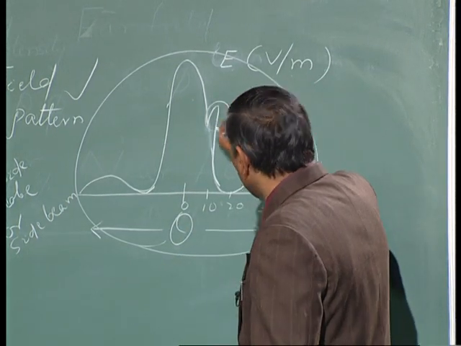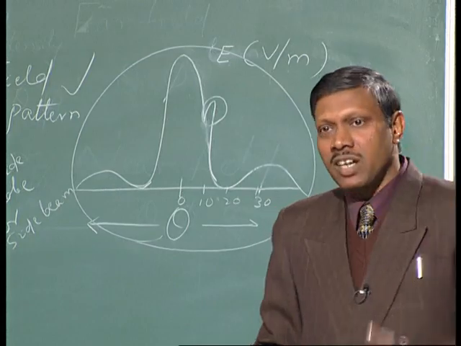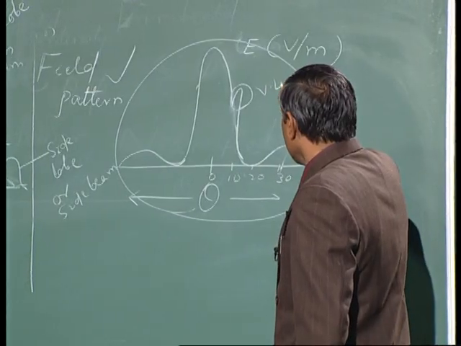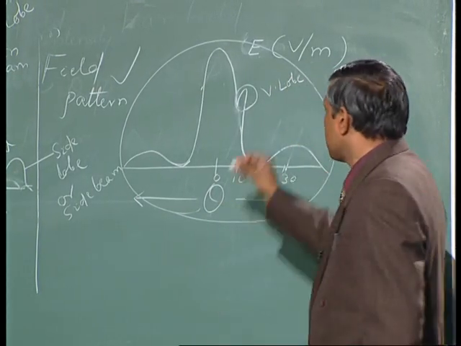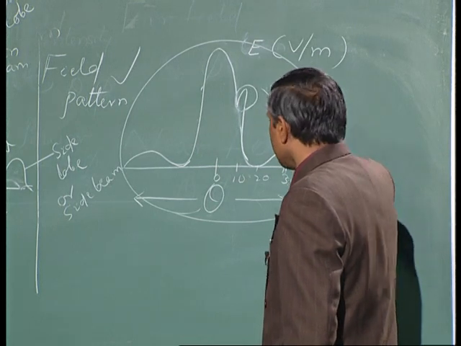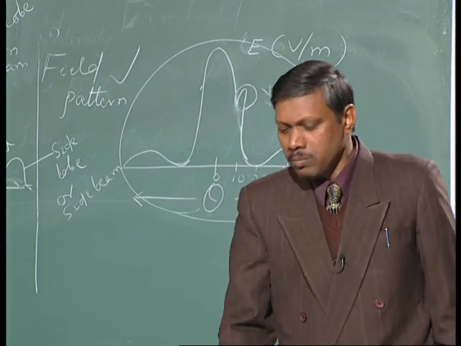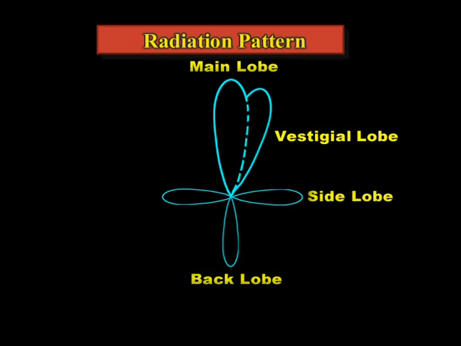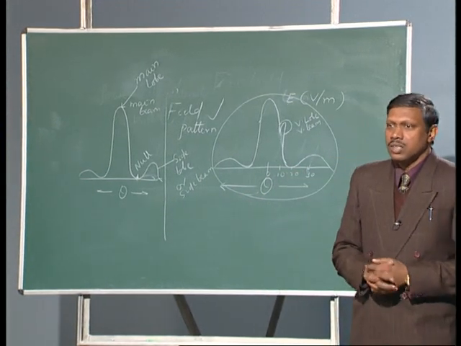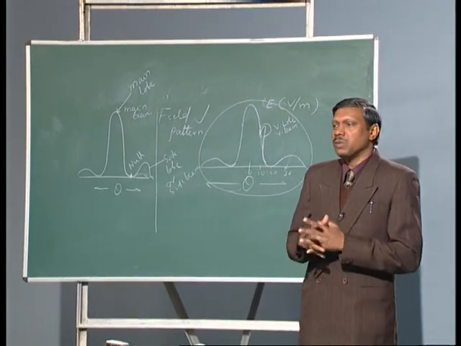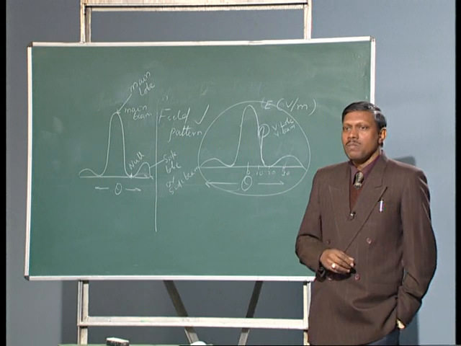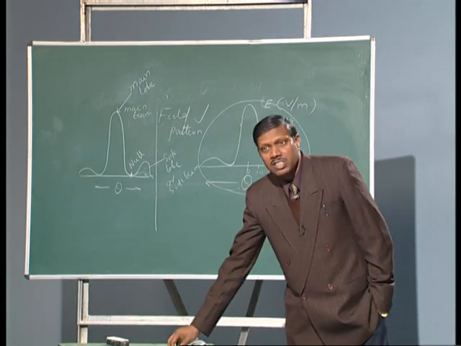This particular lobe which appears on the side of the main lobe as part of the main lobe without touching a null is called vestigial lobe or the vestigial beam. Similarly, the lobe which is exactly opposite to the main lobe, as shown in the slide, is called back lobe. So, depending on the distribution, depending on the signal strength, we classify the radiation pattern into main lobe, side lobe, back lobe and vestigial lobe.